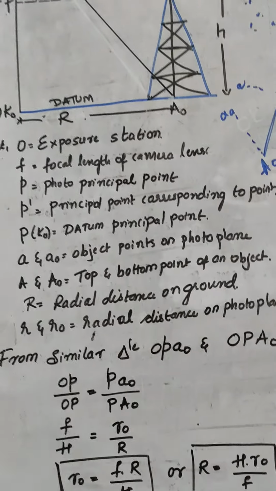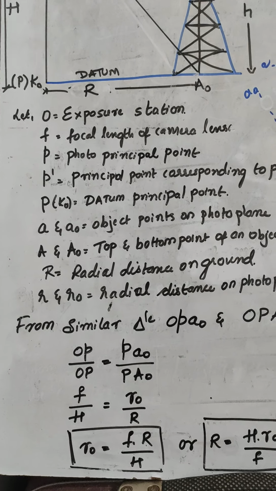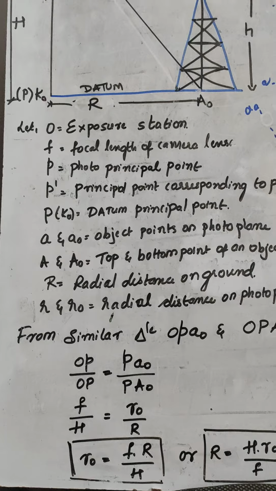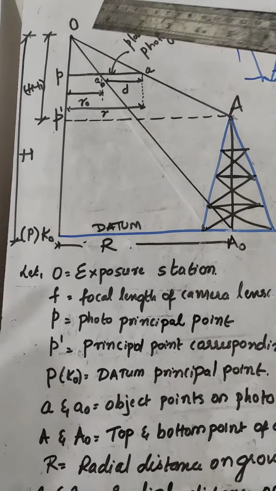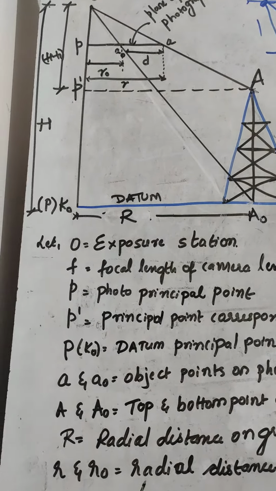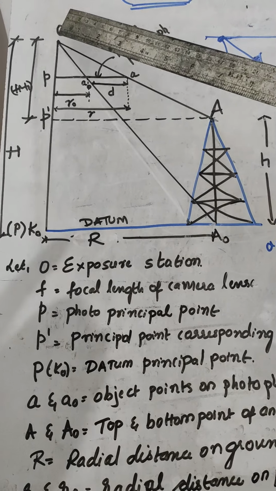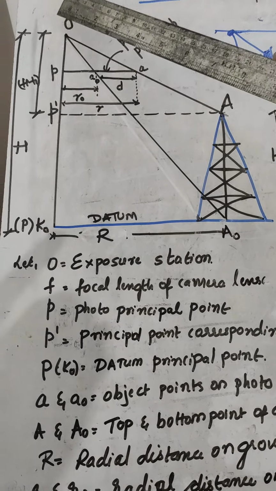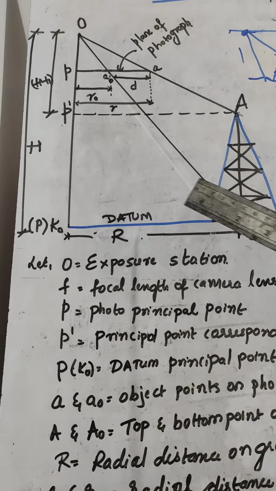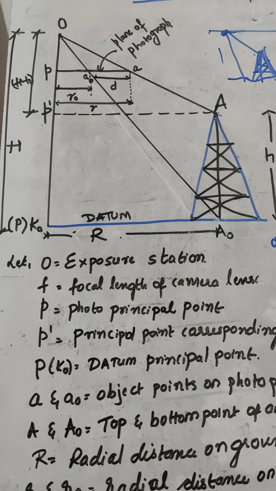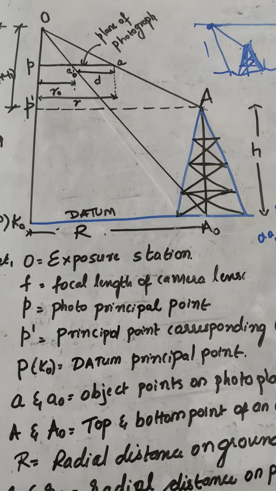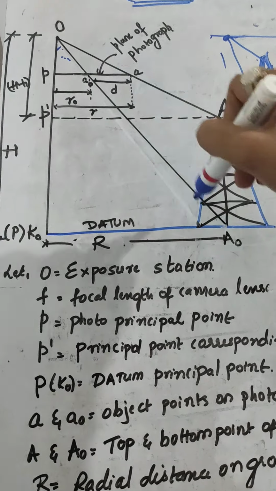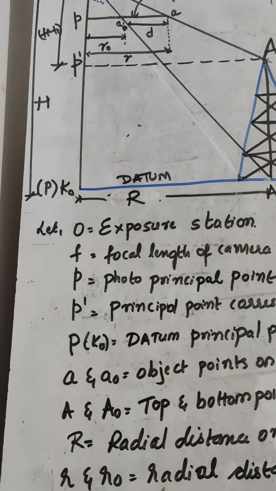So let us consider similar triangles in this. For example, directly I will show you this triangle. First, initially consider the triangle O, small p and A naught, and then O, capital P and capital A naught. In these two triangles, we are taking this portion and the entire portion.